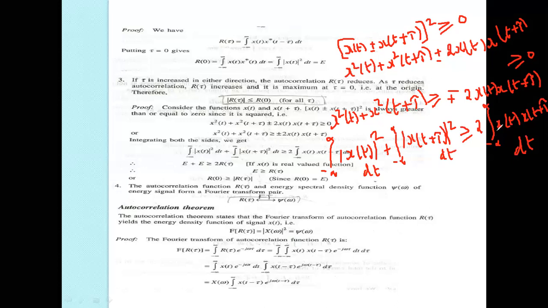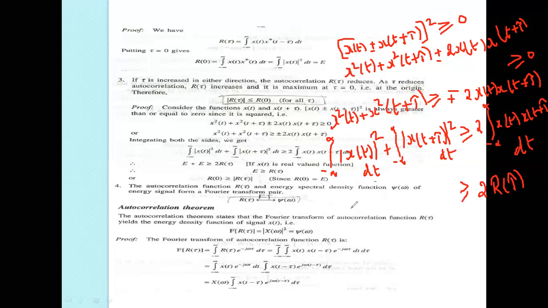Now observe here, the right hand side is 2 into the integral of x of t and x of t plus tau. This is the autocorrelation function only, R of tau. And in the left hand side, the energy signal is an energy signal, and its advanced function is also the signal only.